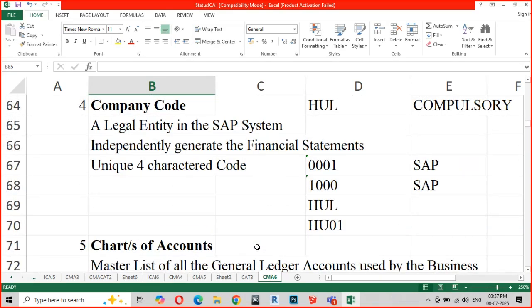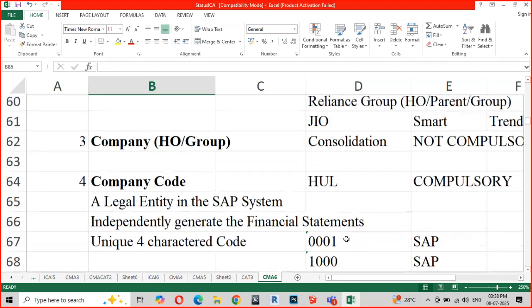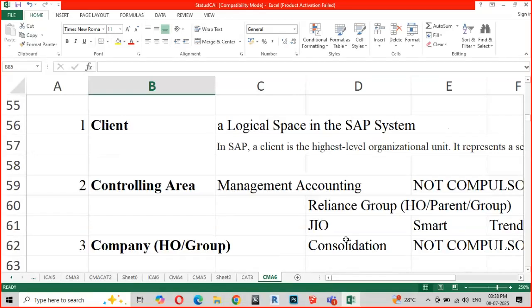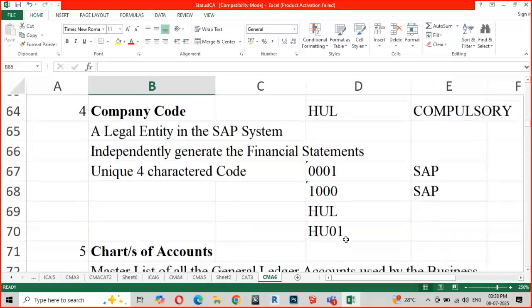What was the other question, Puna? Sorry, I just slipped. So, the difference between leading and non-leading ledger in simple terms. Okay. What is this leading and non-leading ledgers? Where is that?